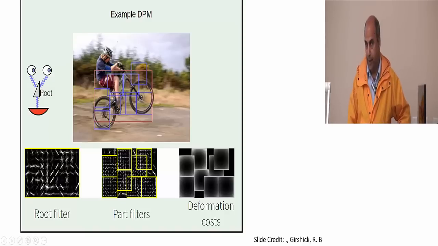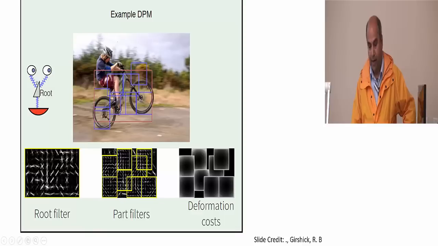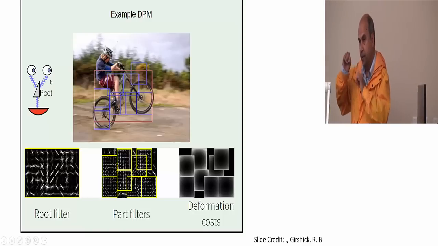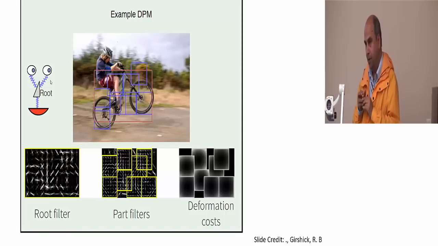And it's shown here in terms of the HOG, and these are the part filters, and there are different parts of this, and corresponding to each part there's a deformation cost. So it's like, you're looking at a face, there are eyes, and there's a nose and mouth, and these are the springs attached. These are the deformations. The spring attached in this cost can vary depending on your articulation of a face or articulation of the pose, body parts, and so on.